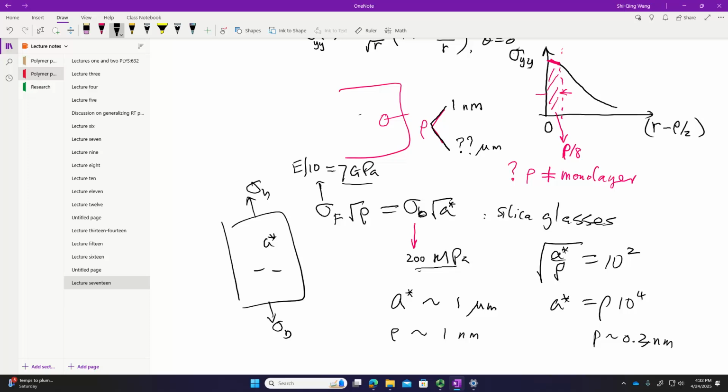Basically the bond size level of your window glasses. So anything of a micron, a flaw of some kind, will weaken your window glasses. By the same token, now it's homework. Do the same for polymers.